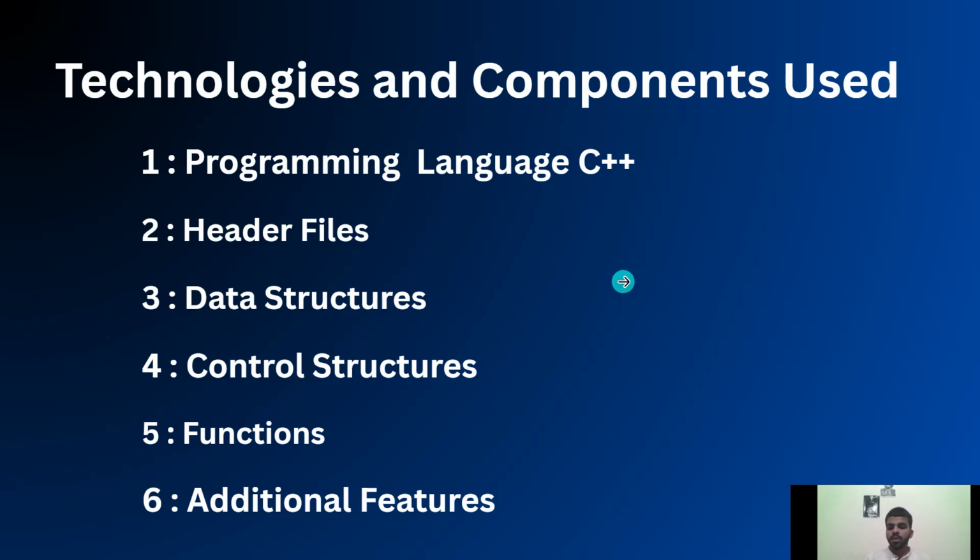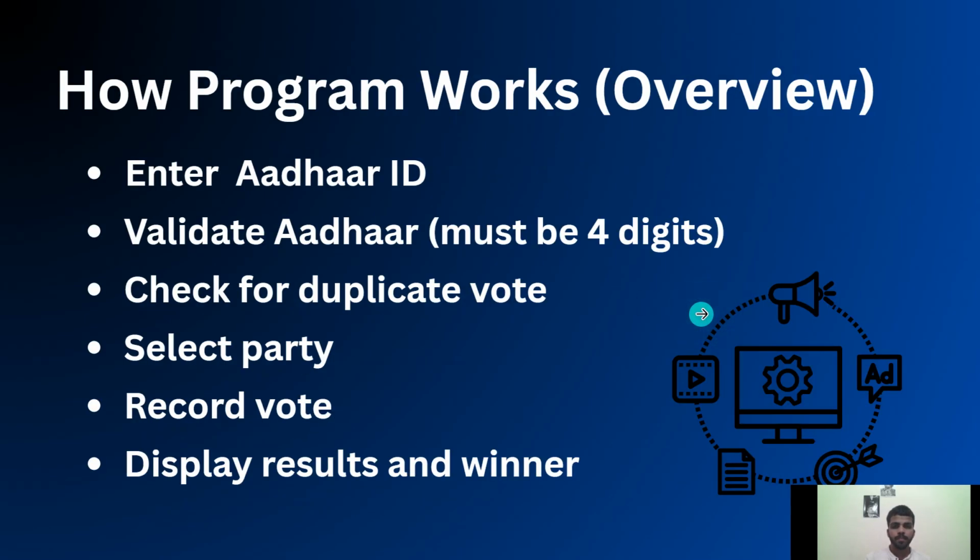Now let's see how the whole program works step by step. The program overview in a simple sentence works like this. First, the program starts by displaying the list of available political parties.